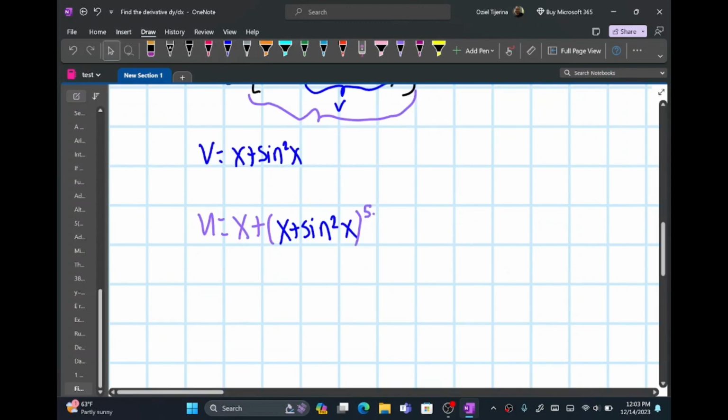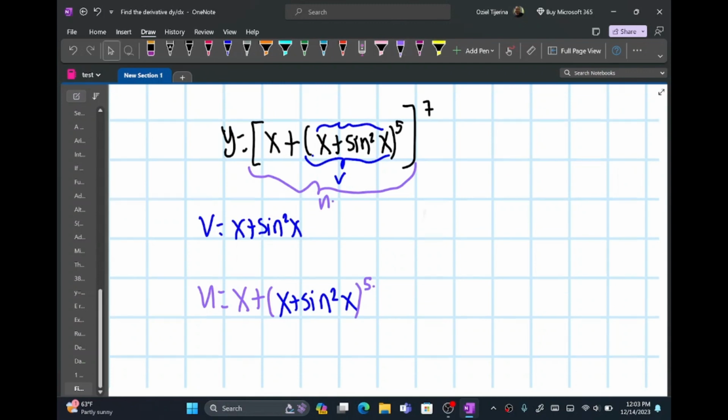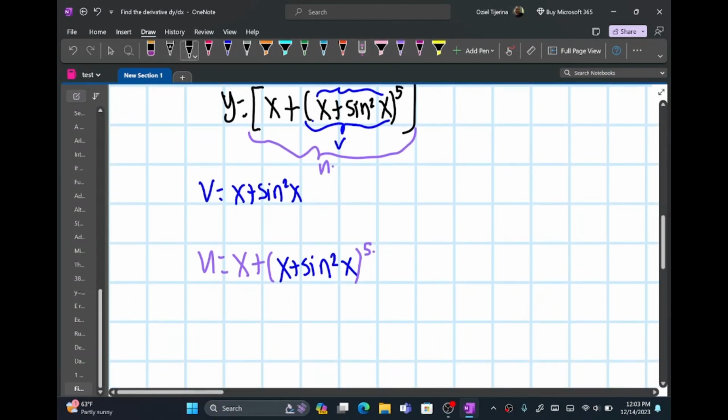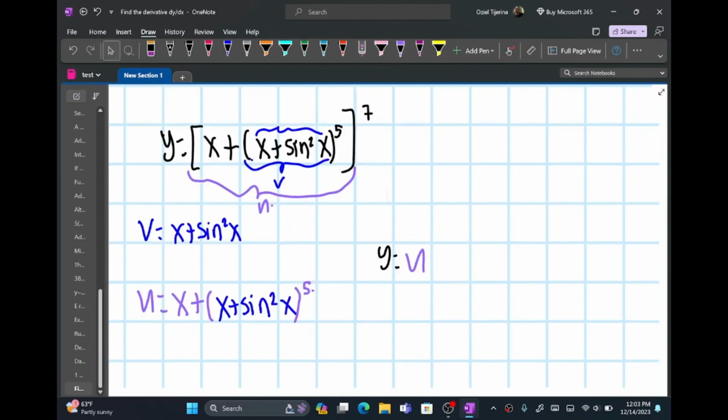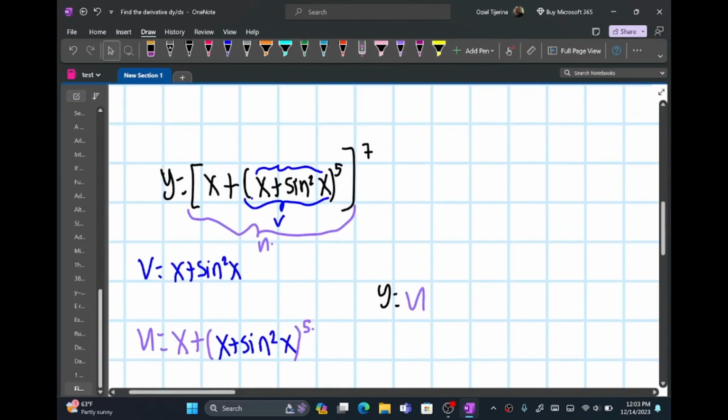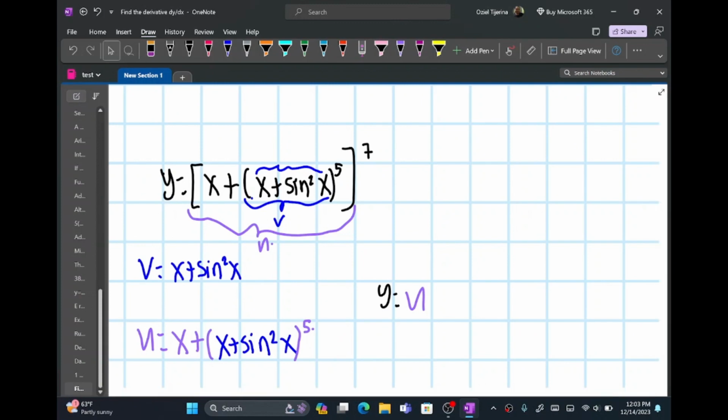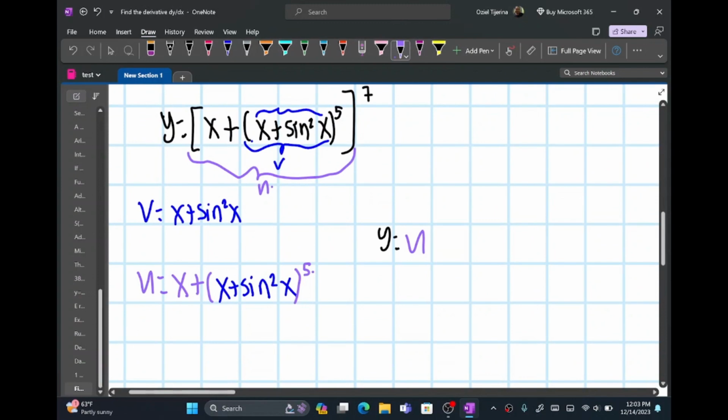If you think about it, I can substitute. So I know that y is really u raised to the 7th power, because we made u equal to x plus (x plus sine squared of x) to the 5th. So it's u to the 7th power.